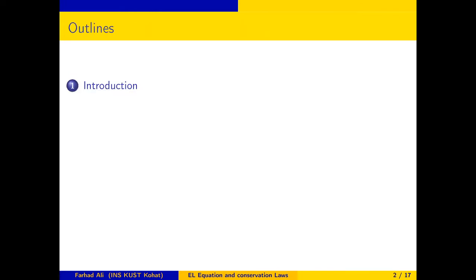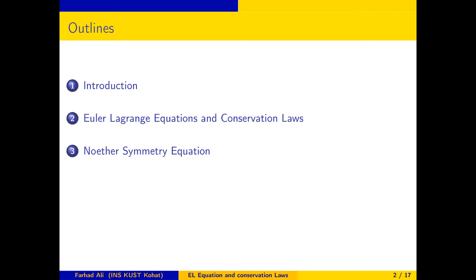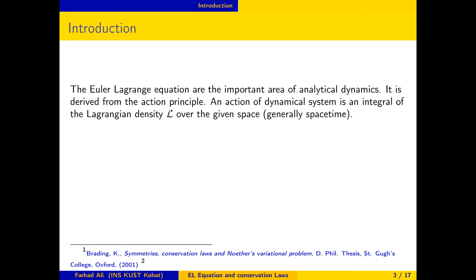Outlines of this lecture are introduction, Euler Lagrange equation and conservation laws, Noether symmetry equation, examples and references. We see that Euler Lagrange equations are dynamical equations and they correspond to an action.